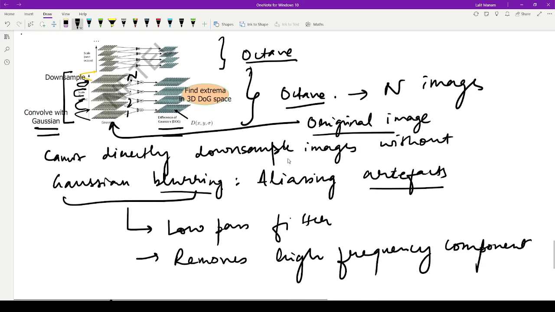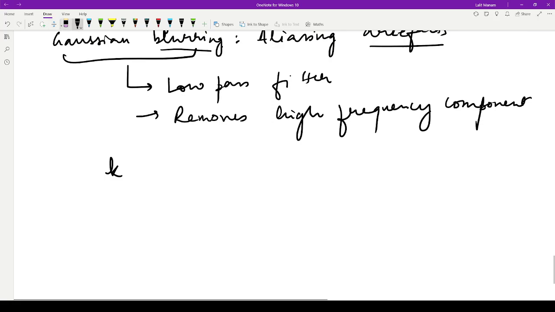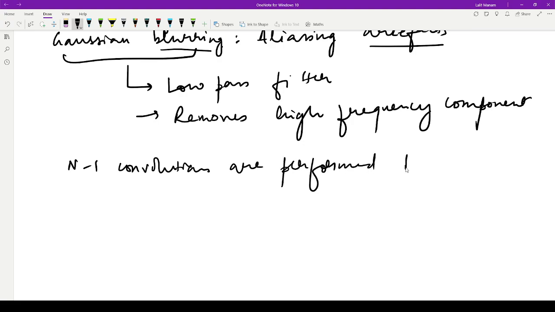So n minus 1 convolutions are performed before downsampling.